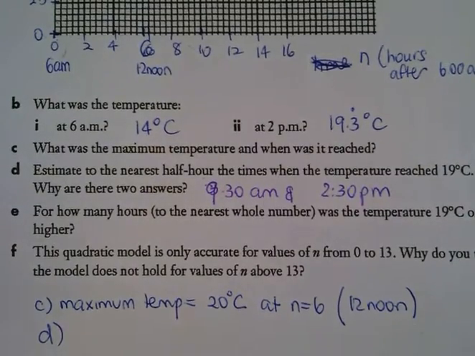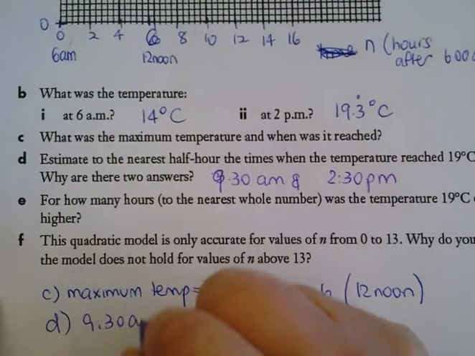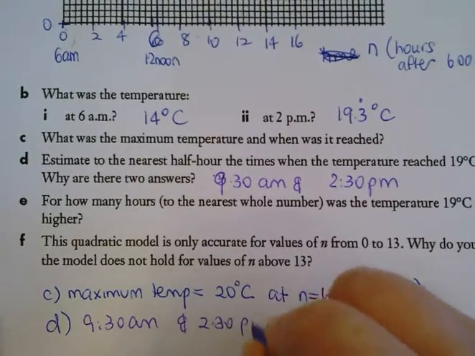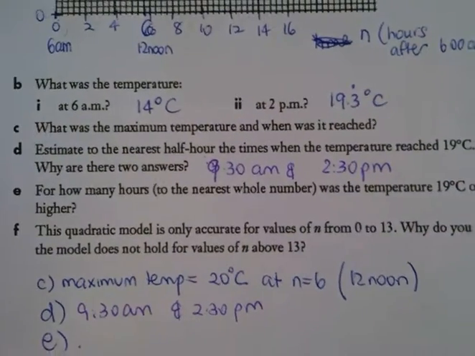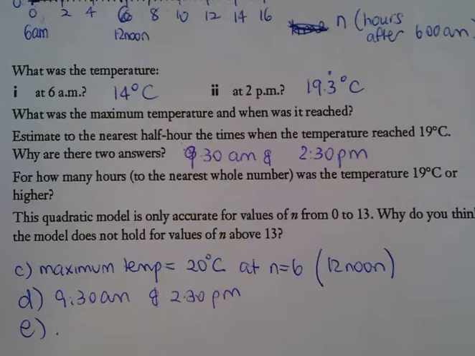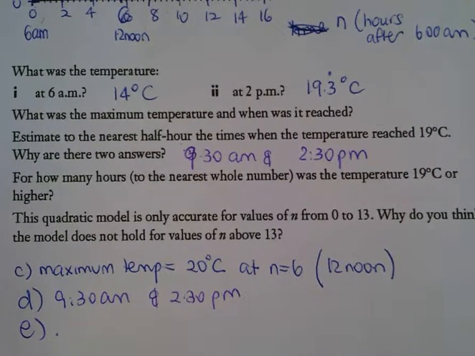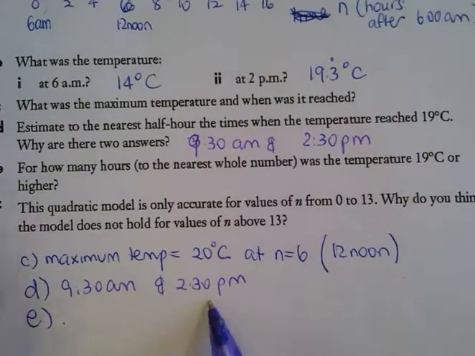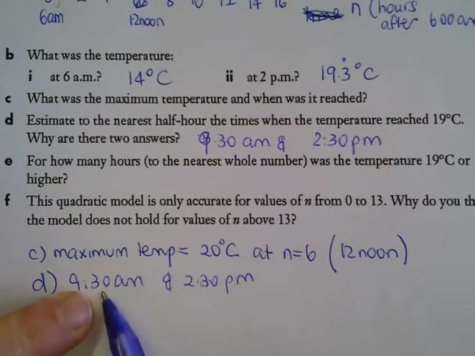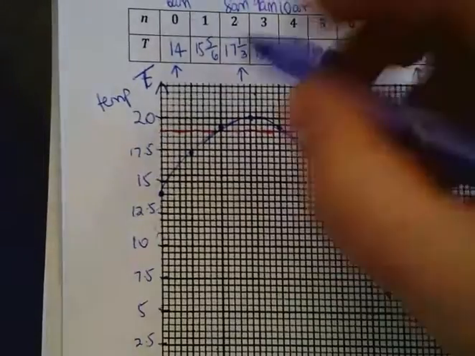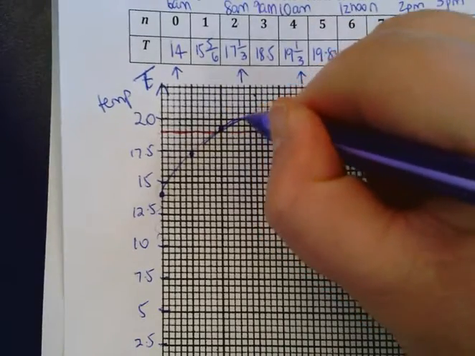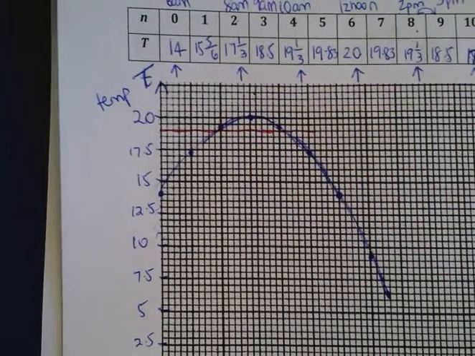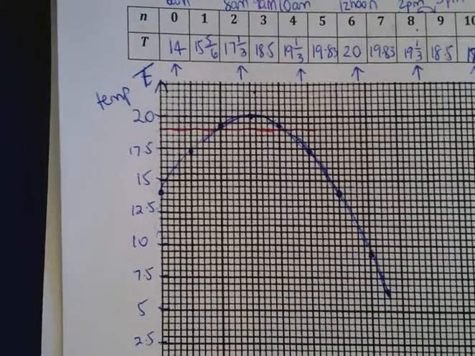Question E. For how many hours to the nearest whole number was the temperature 19 degrees or higher? Okay, we know that the temperature is 19 degrees or above for this section here of the graph, which I will highlight.